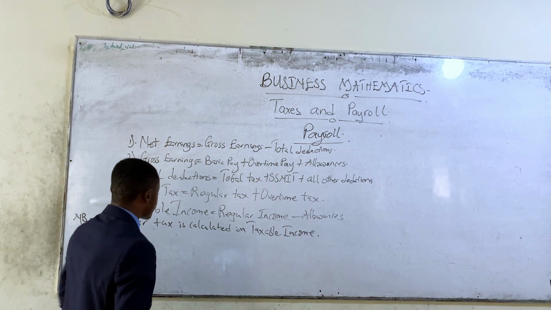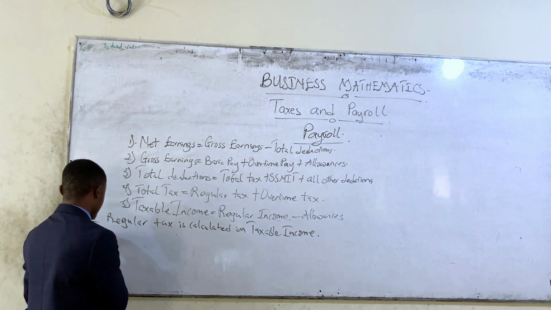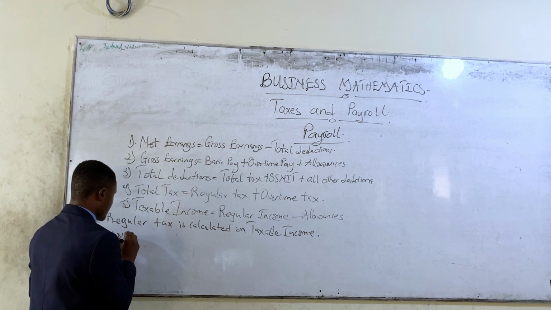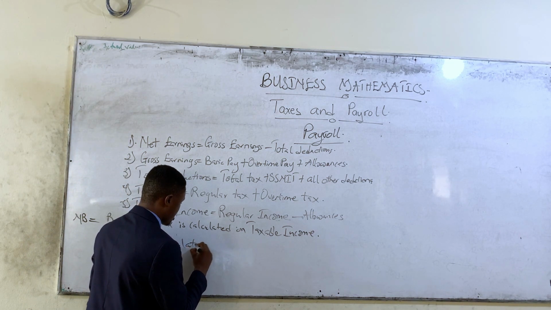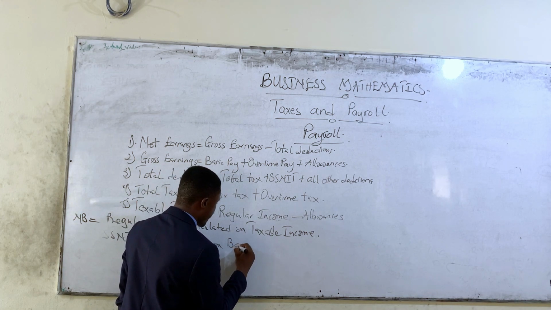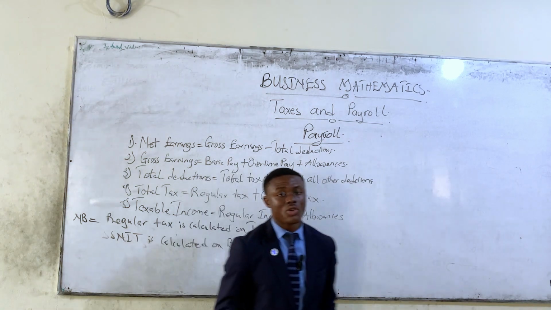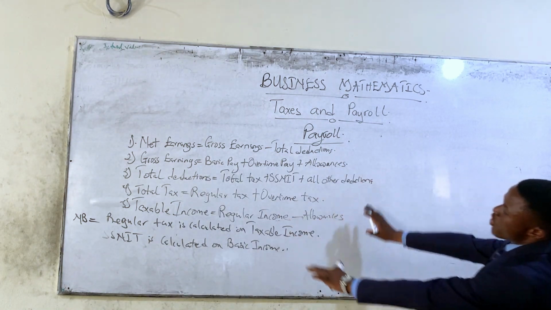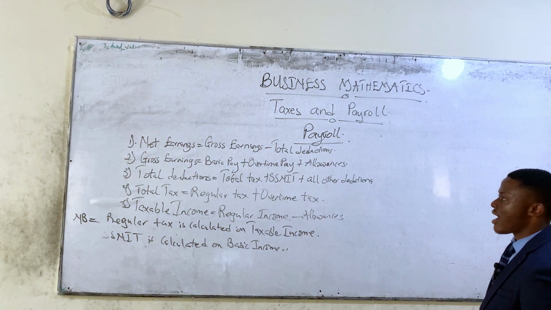And then your SNIT contribution is calculated on your basic income. Are we good? Great. So take note of these and I will explain them for you to get a better understanding.